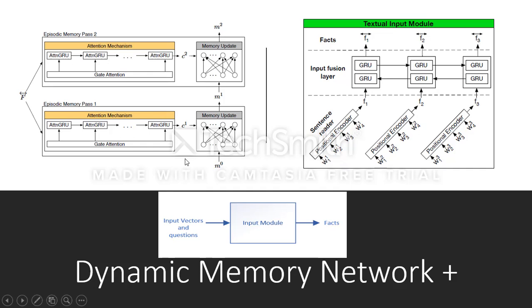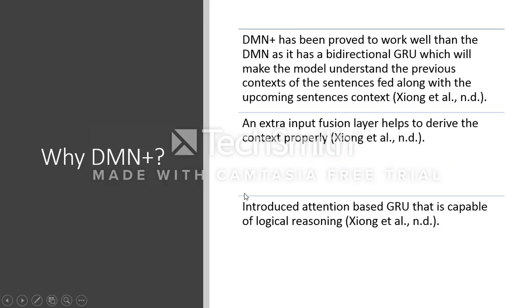If a given question comes, it goes to the episodic memory and sees if there is any relationship with the existing questions and what is the best probable answer. Once the output is decided and a particular fact is generated, it updates the memory again.